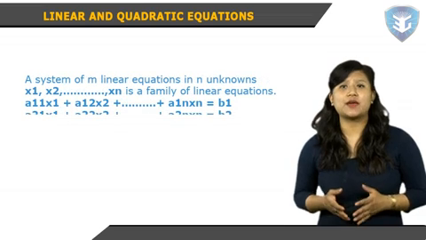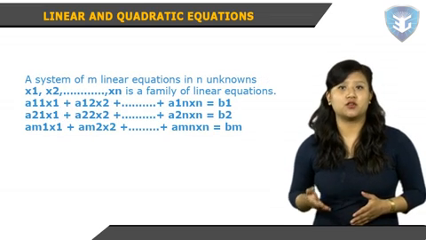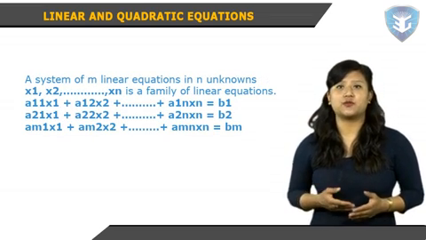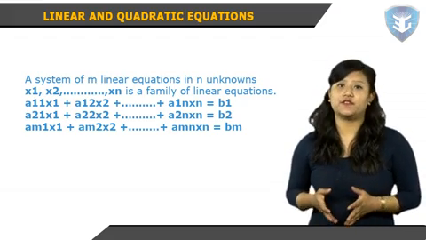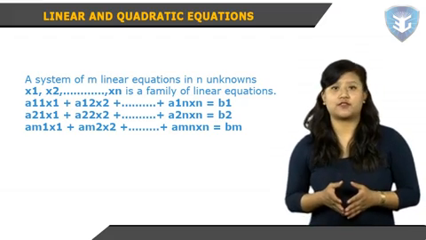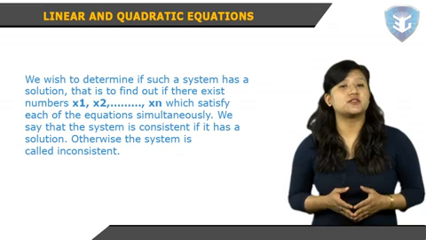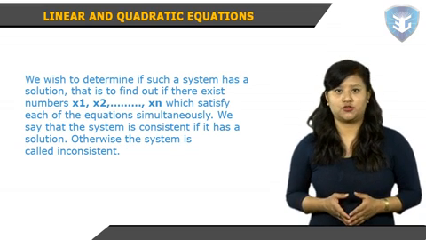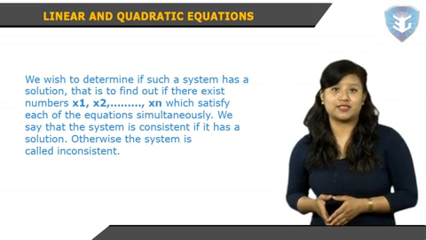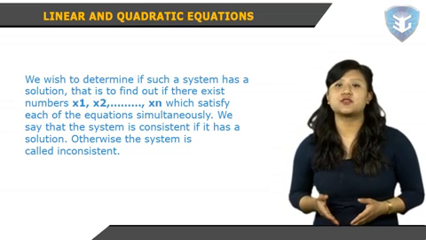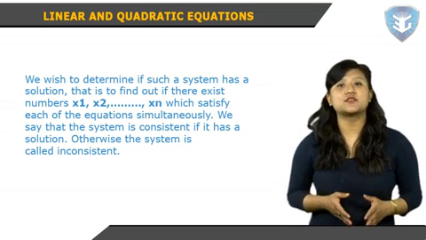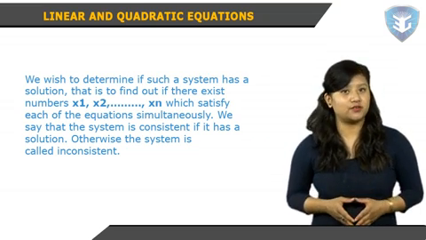A system of m linear equations in n unknowns x1, x2, up to xn is a family of linear equations. Take a look at the screen. We wish to determine if such a system has a solution, that is, to find out if there exists a number x1, x2, up to xn which satisfies each of the equations simultaneously.